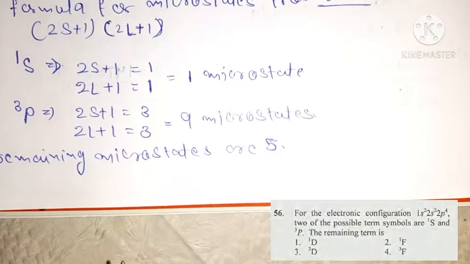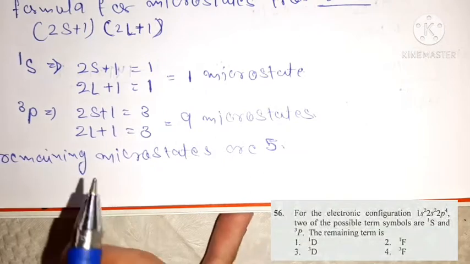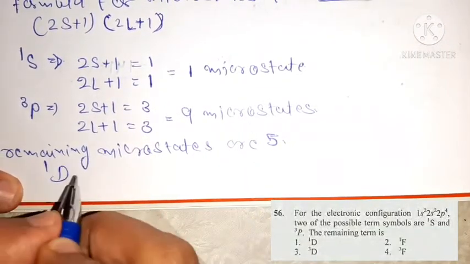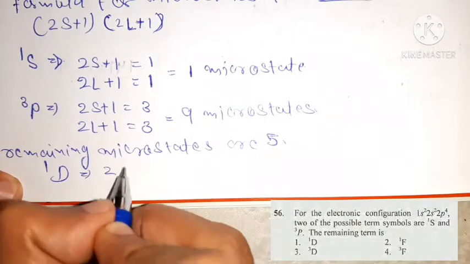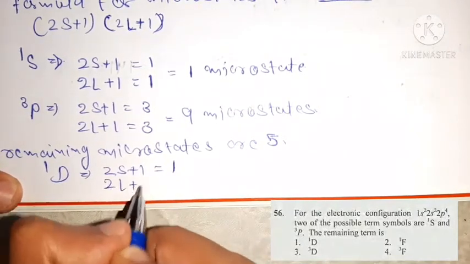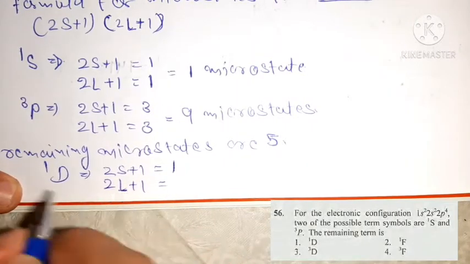So now check all the options. When you carefully observe all options, you see that option number 1 is 1D. When you find the microstates for the 1D electronic configuration, the value of 2s plus 1 will be 1, and L for D is 2.